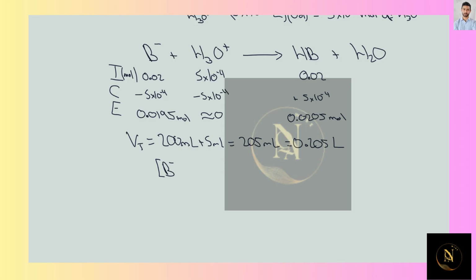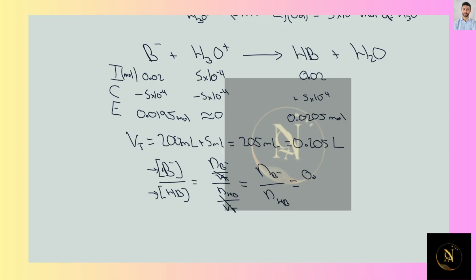Because if we take the concentration of B minus and divide it by the concentration of benzoic acid, this is going to be equal to the amount of moles of benzoate divided by the total volume, divided by the amount of moles of the acid divided by the total volume. The total volumes are going to cancel out, so we get the amount of moles of benzoate divided by the amount of moles of benzoic acid. Luckily for us, we can calculate this directly.